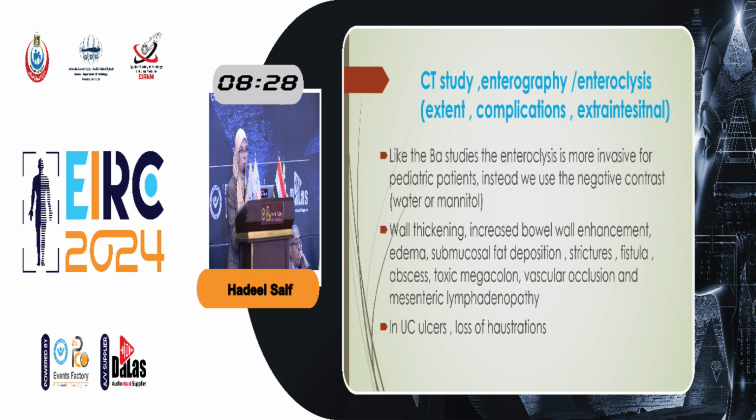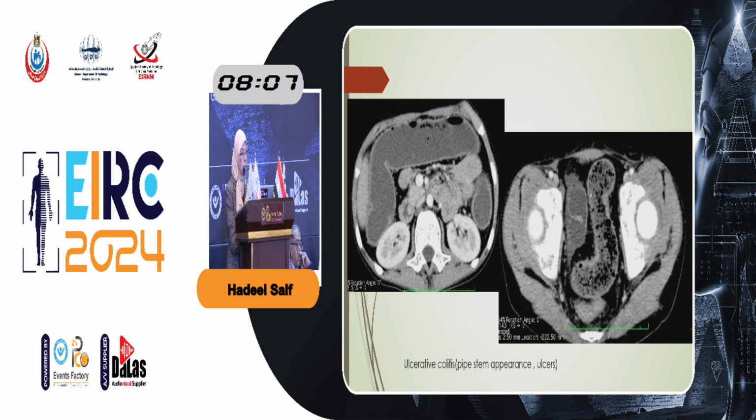We also do a triphasic study for the liver with triphasic contrast administration. It will show wall thickening, increased wall enhancement, submucosal edema, fat deposition, strictures, fistula, toxic megacolon, vascular occlusion, and mesenteric lymphadenopathy. And in ulcerative colitis, it will show the classic pipe stem appearance and the multiple ulcers.